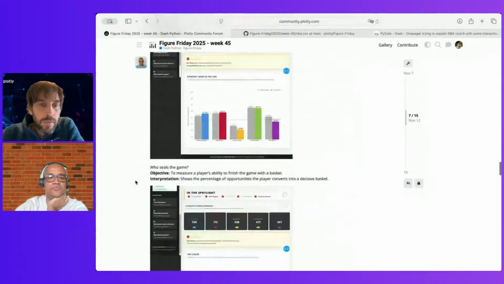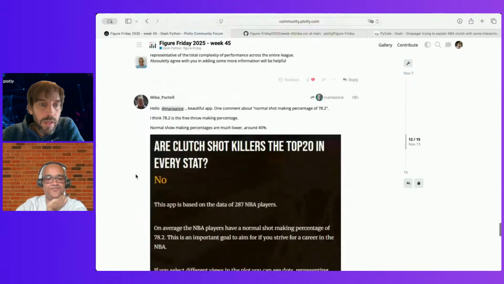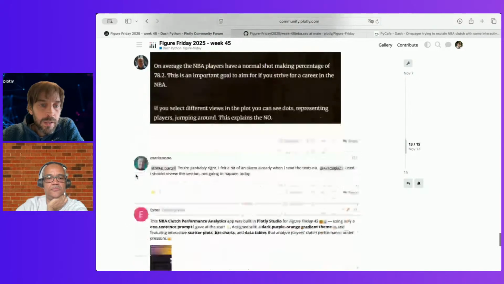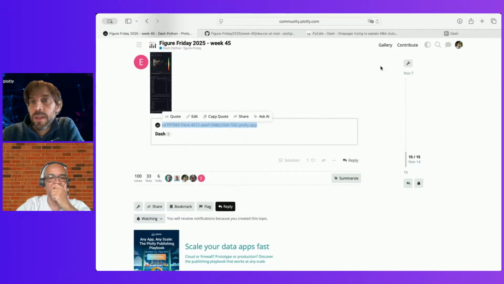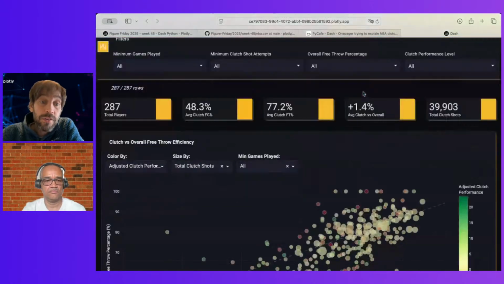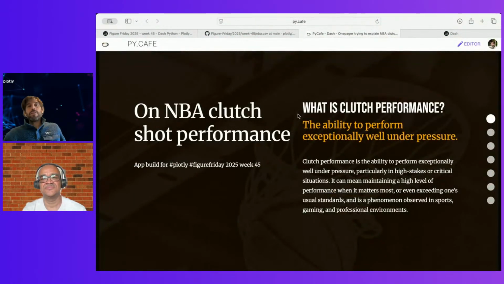Then we have Alex, and Esther at the end. Mike had a good comment here, and Esther gave us a nice app on Plotly Cloud. Actually, this is a Studio app. Okay, so first we have Marianne.